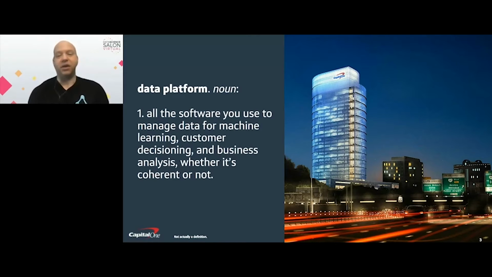It doesn't really matter. If you're doing work with data, you have a data platform. It just might not be coherent. Maybe it is coherent and it just needs to be reworked. Maybe you've already adopted a lot of these strategies. I think overall, there's a lot that you can look at to try to make things a little bit clearer. And we'll run through some of those patterns that we can use to improve how we're using data platforms.